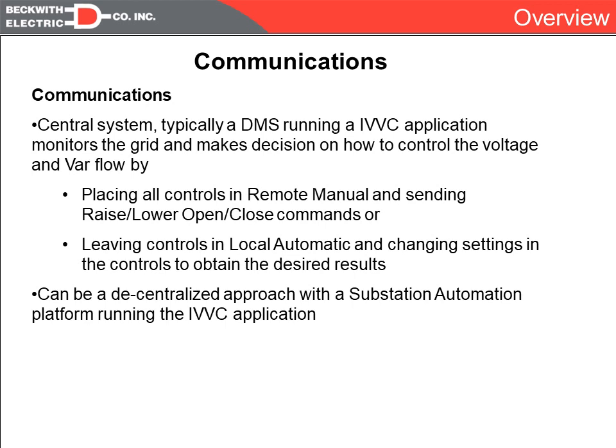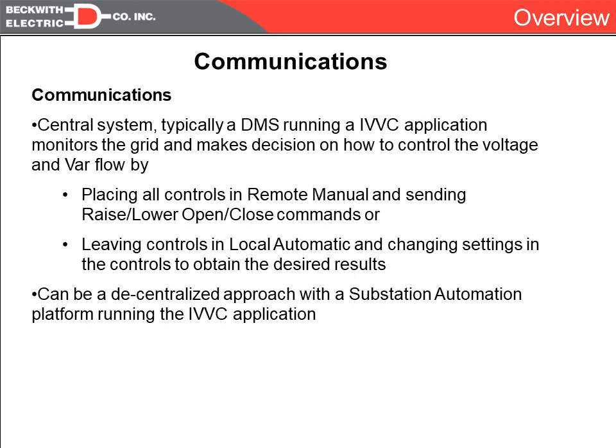A second way of doing this with communications is to have a more decentralized approach, where instead of having one central piece of software looking at the entire distribution system, we have software running in each substation, typically on a substation automation platform or remote terminal unit, RTU.